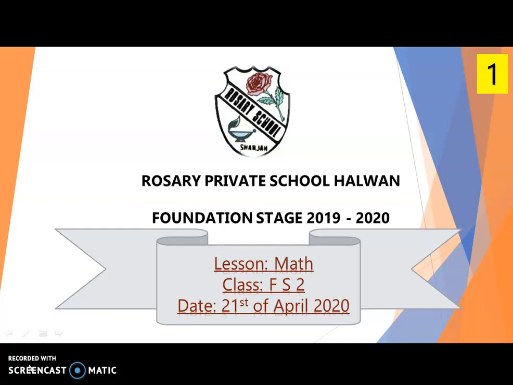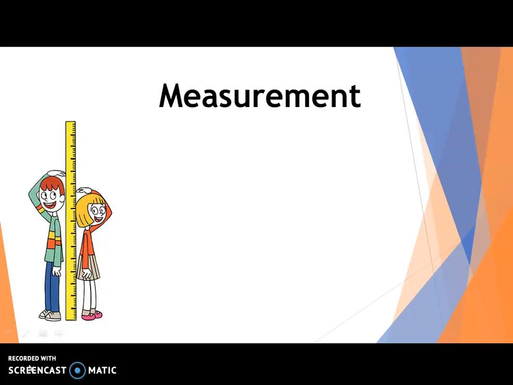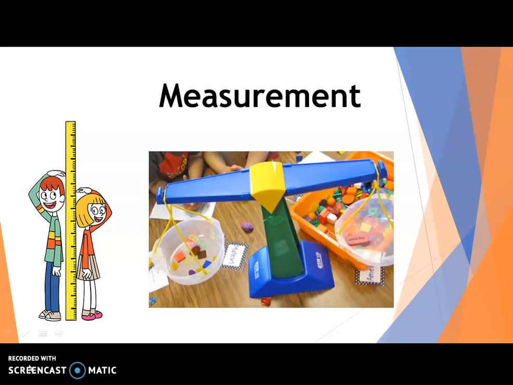Great job. So for today, we are going to revise measurement. When we say measurement, look at the picture. What are they doing? And look at the second picture. What is it?